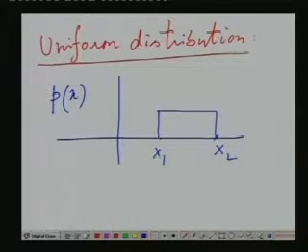Obviously, since the total area under this curve has to be equal to 1, okay, then you can find out how much should be the height. This width is x2 minus x1, so height should be 1 by x2 minus x1.